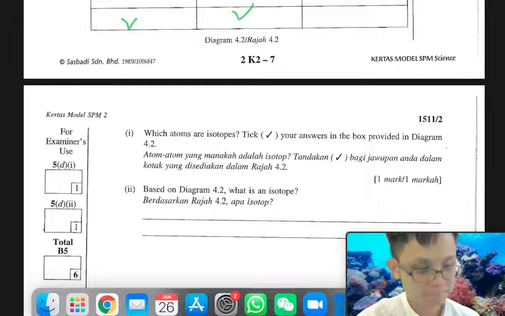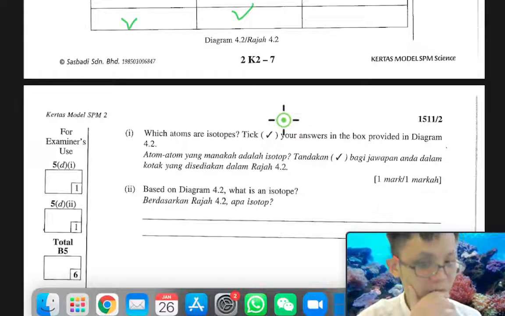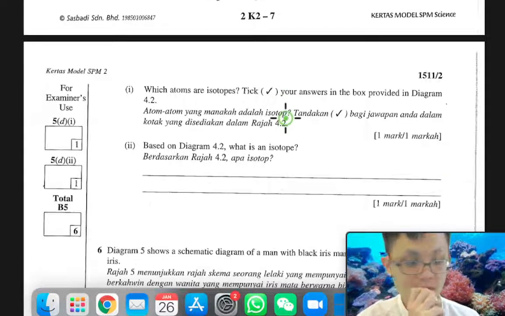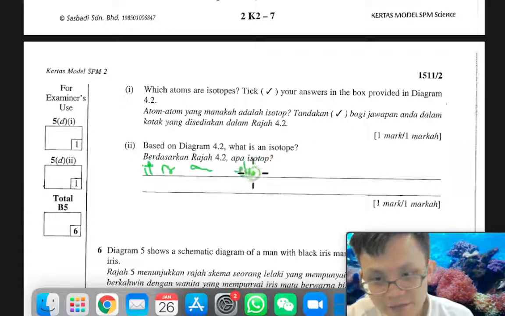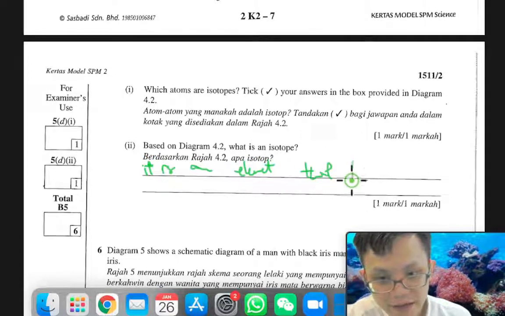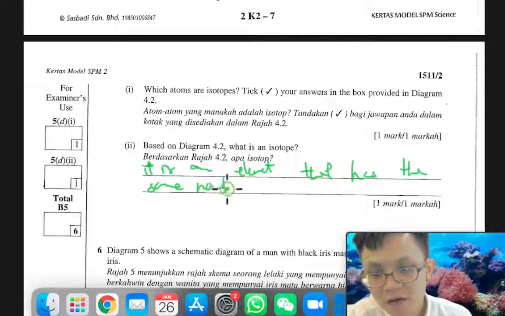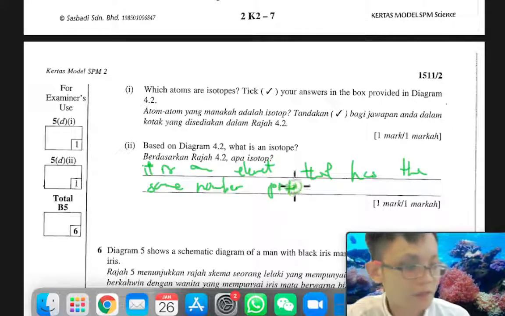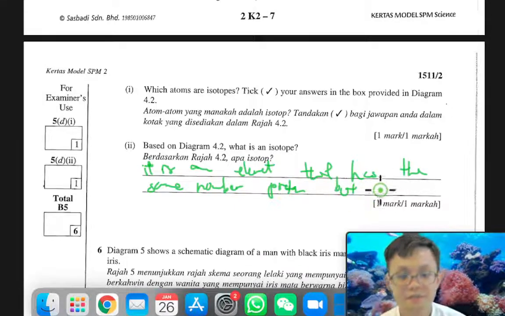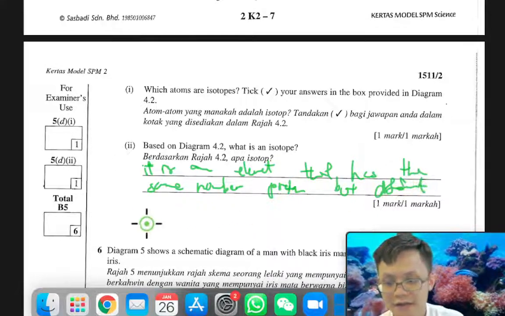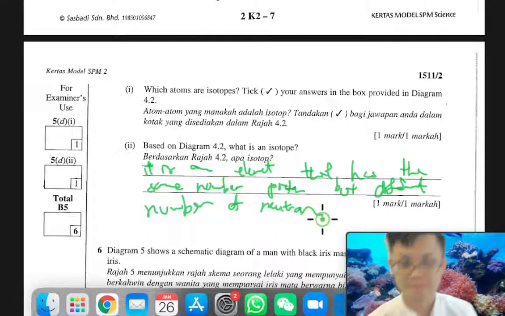But what is different? Different number of neutrons. Okay, very good.